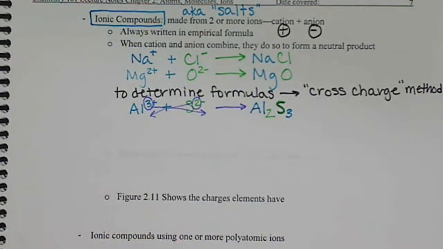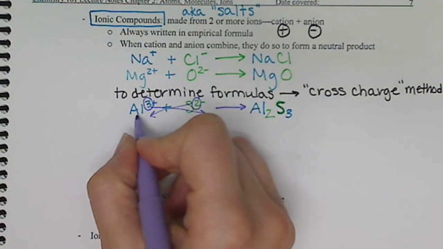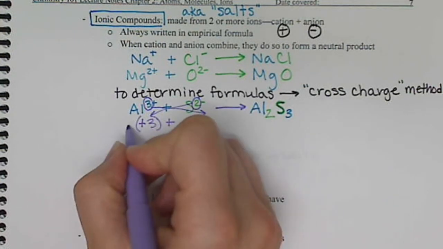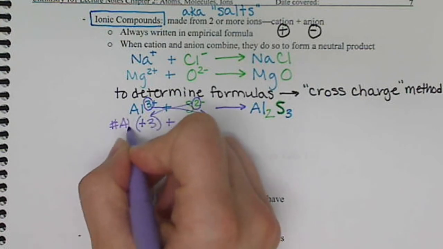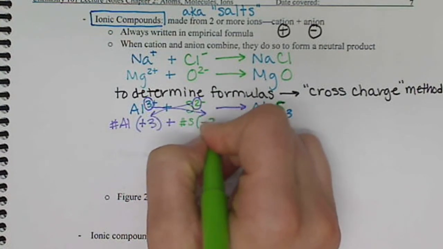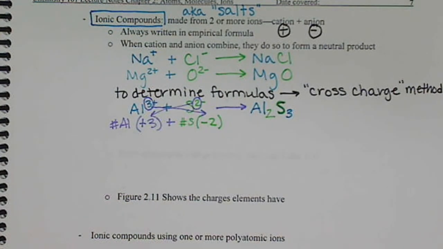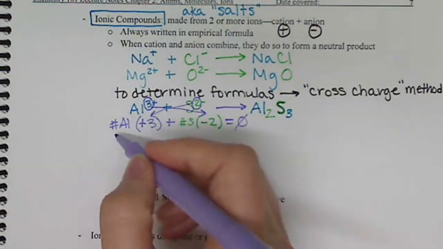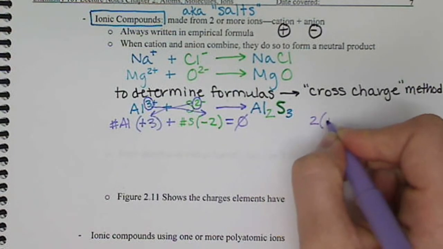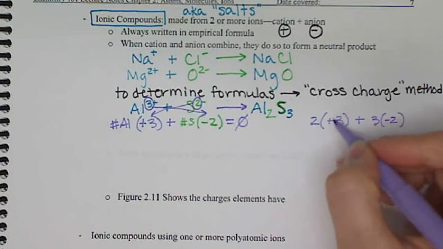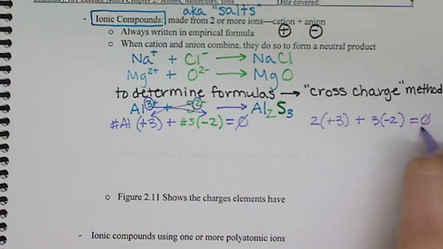The other way that you can do it if you want to set it up mathematically is you need to figure out the number of aluminums times our +3, plus the number of sulfurs times our -2. This has to equal 0. So in this case, we have 2 times a +3 plus 3 times a -2. We have a +6 plus a -6. That equals 0.